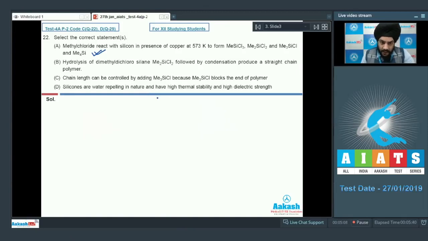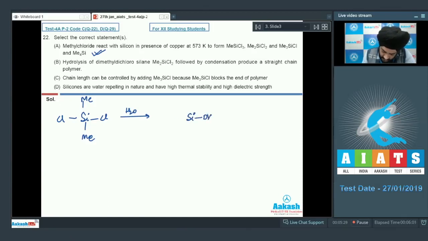Let us look at option B now. Hydrolysis of dimethyl dichlorosilane followed by condensation produces a straight chain polymer. So if we look at the structure of dichlorodimethylsilane, we have Si, Me, Me, Cl, Cl. So if we talk about the hydrolysis, it is going to generate the structure in which the chlorine will be replaced by OH, and when they are subjected to polymerization, they will produce a straight chain polymer.